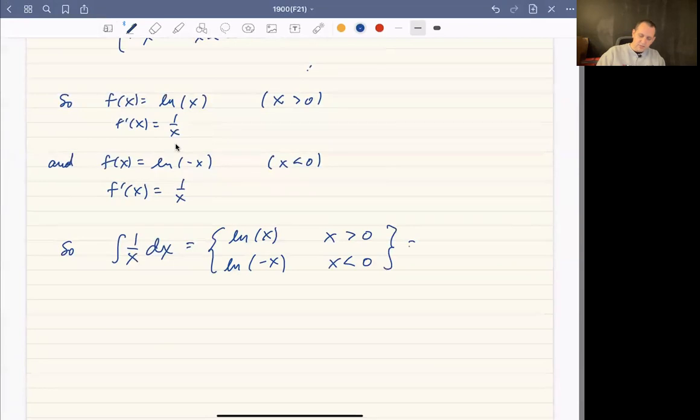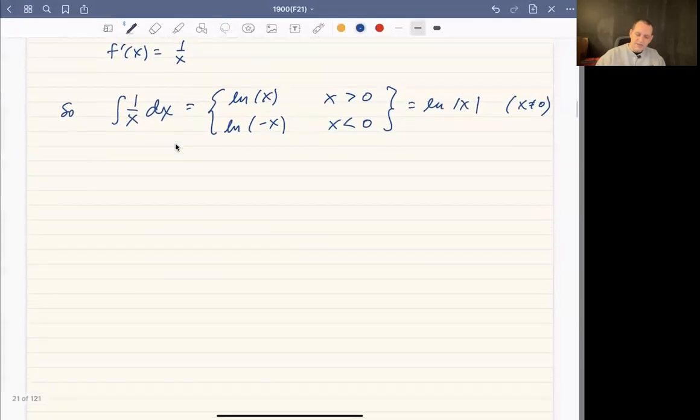I want to write this succinctly as the natural log of the absolute value of x, of course excluding x equals 0, because the natural log of 0 is undefined. So the integral of 1 over x is not just the natural log of x, it's the natural log of the absolute value of x. That's going to be crucial for us. It won't matter in every case, but it'll matter in a few cases.